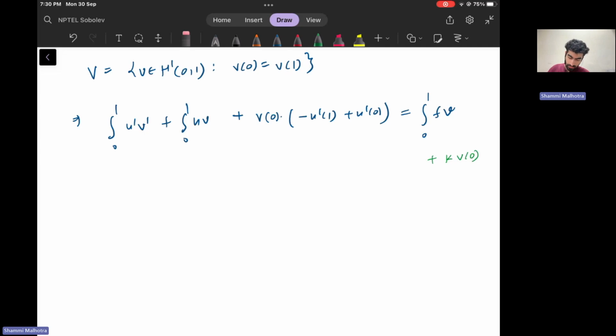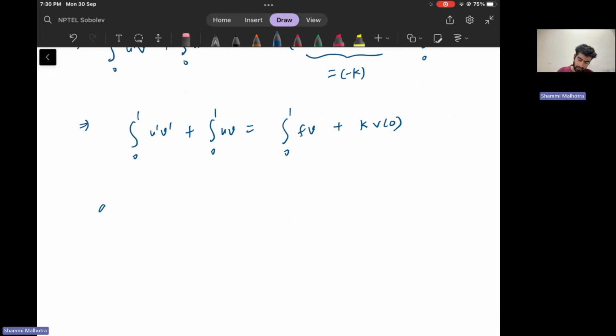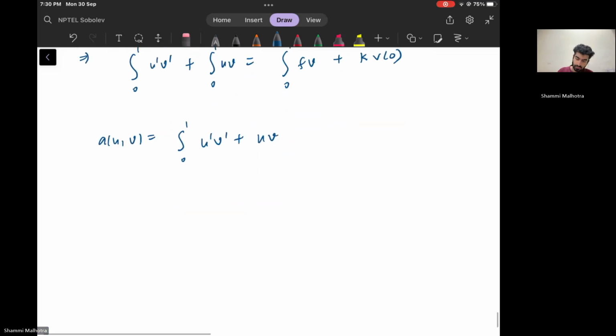So not k, minus k will be here. In fact, this whole thing is actually k only. Sorry, minus k. So this whole can be written as integral 0 to 1 of u dash v dash plus integral 0 to 1 of uv equals integral 0 to 1 of fv plus k times v0. So we can take a(u,v) to be integral 0 to 1 of u dash v dash plus uv.